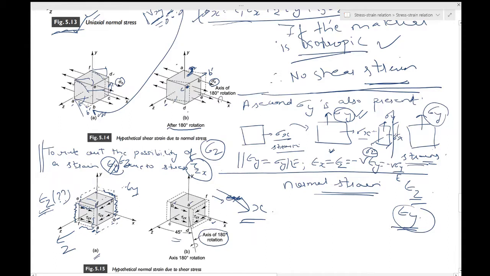Okay, so you can show that for a tau zx present, there is no epsilon x, no epsilon y, and no epsilon z. All three of them will be absent. So the only components on which this can depend are the shear strains.